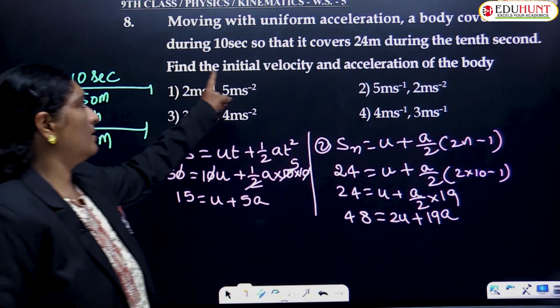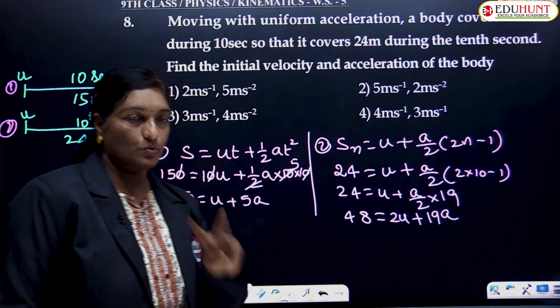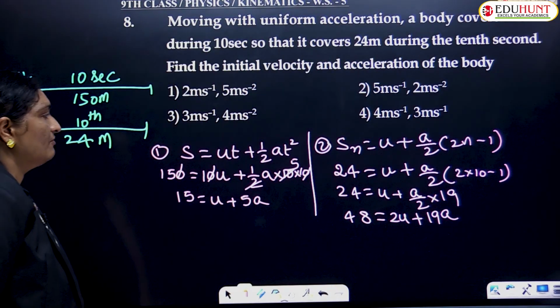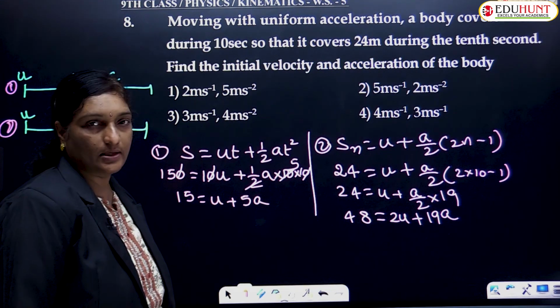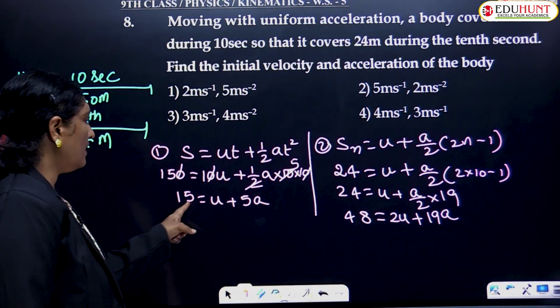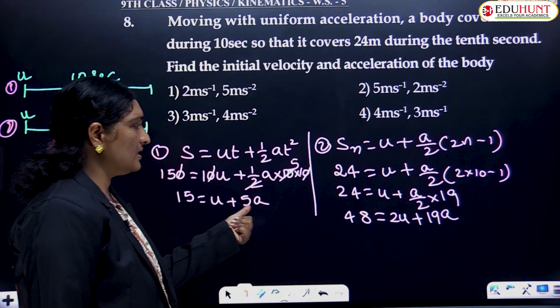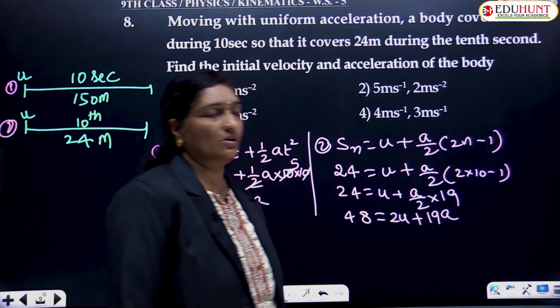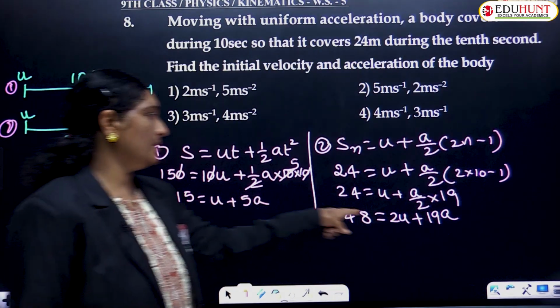Here you are asked to find the initial velocity as well as the acceleration. Two cases you have to find out. In order to find both acceleration and initial velocity, you first have to make common terms. Here 15, 48, for a the coefficient is 5 and for a the coefficient is 19. So no common factors. But here it is u and here it is 2u.